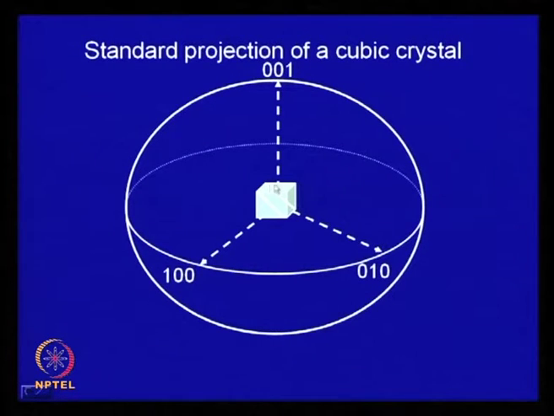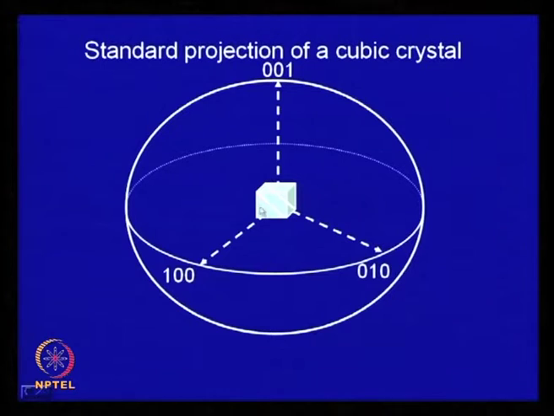Now, if you extend these cube planes, they will intersect this plane here, here, and the other one will intersect this plane, the great circle, at this point. So, these are the 3 poles. Now, let us try to construct the projection of this particular plane in the crystal.